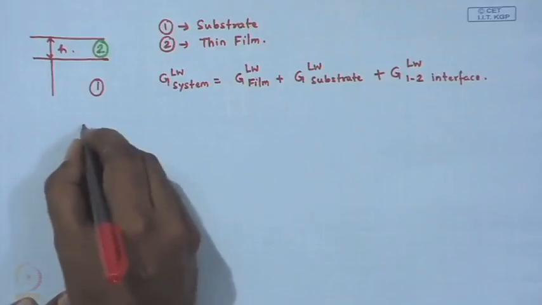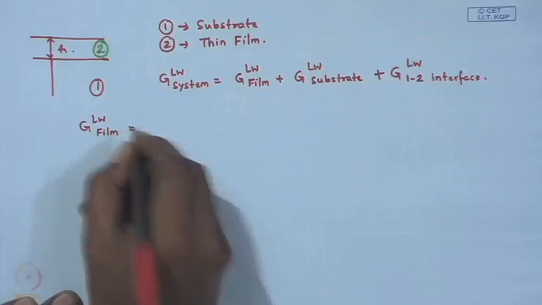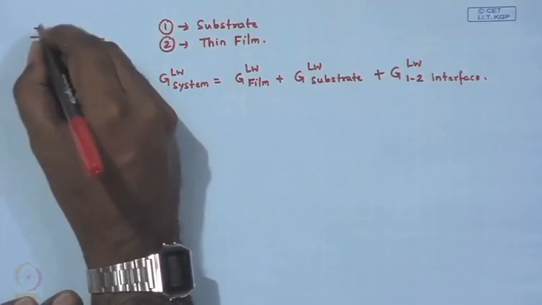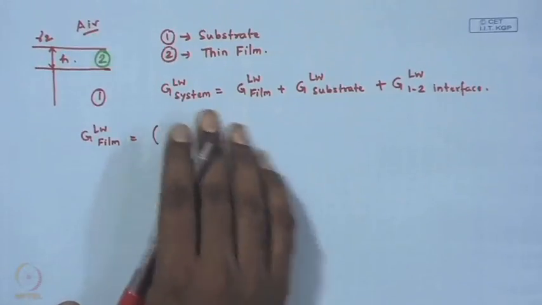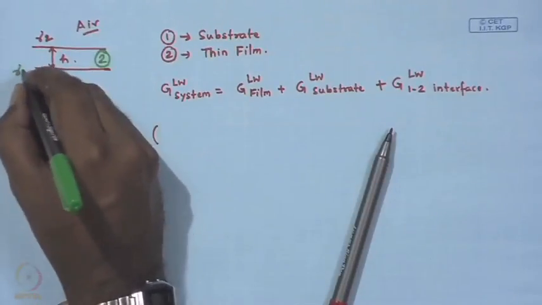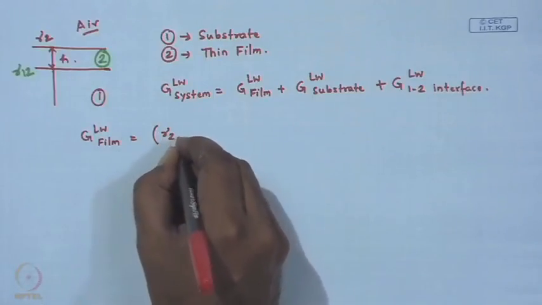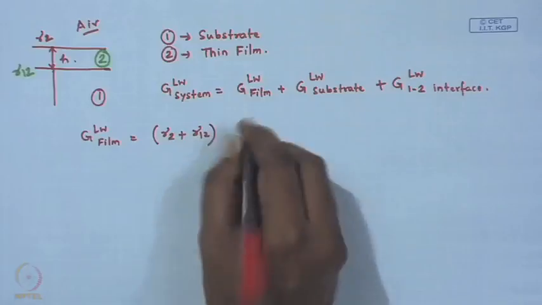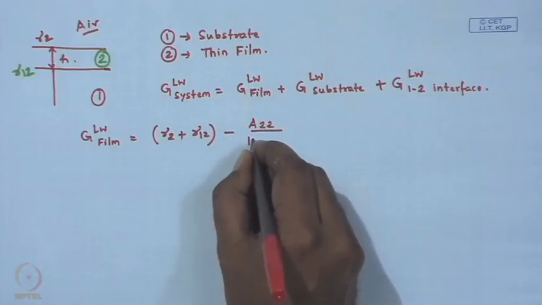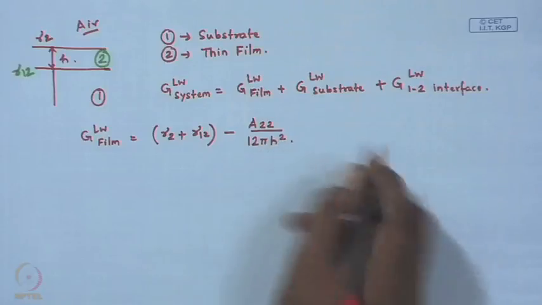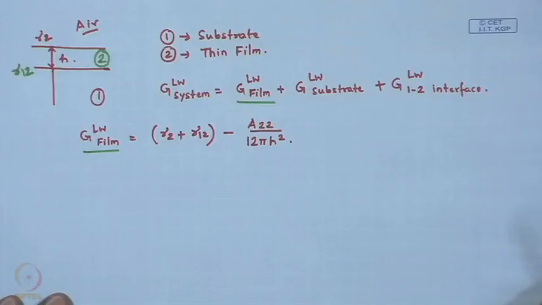For the film, you now have two interfaces. One is a surface with air, let us say, which has surface energy of gamma 2. This is now an interface between 1 and 2. Therefore, the total energy ascribed at the interface per unit area is gamma 2 plus gamma 1 2, and the excess free energy is A22 divided by 12 pi h square. So, this corresponds to the first term, GLW of the film.